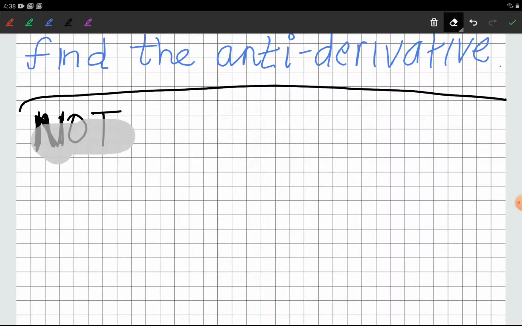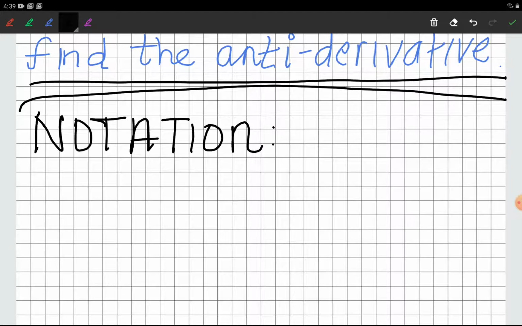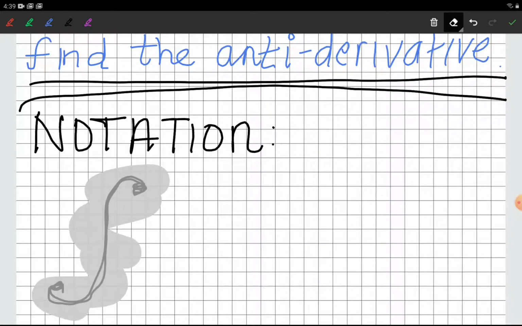Let's talk about notation. So I don't feel like saying find the antiderivative, I don't feel like writing it out every time. So there's a symbol for that, and this is your symbol. It's like this curvy F-looking thing.